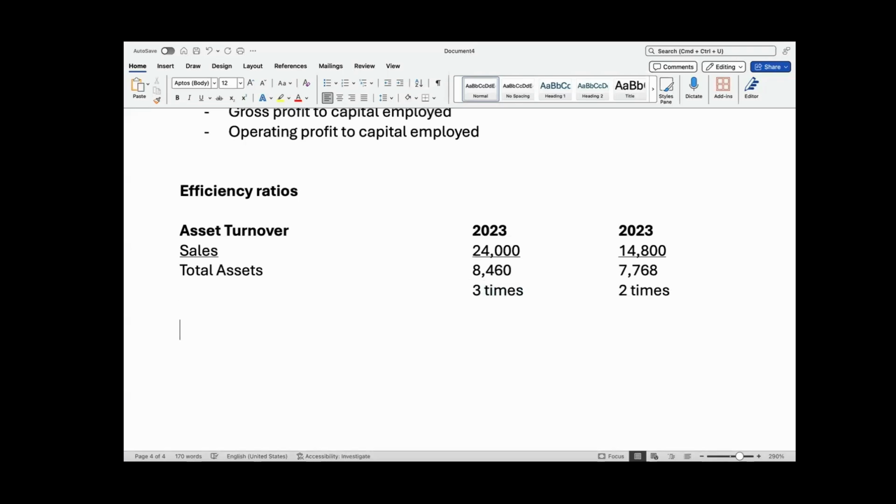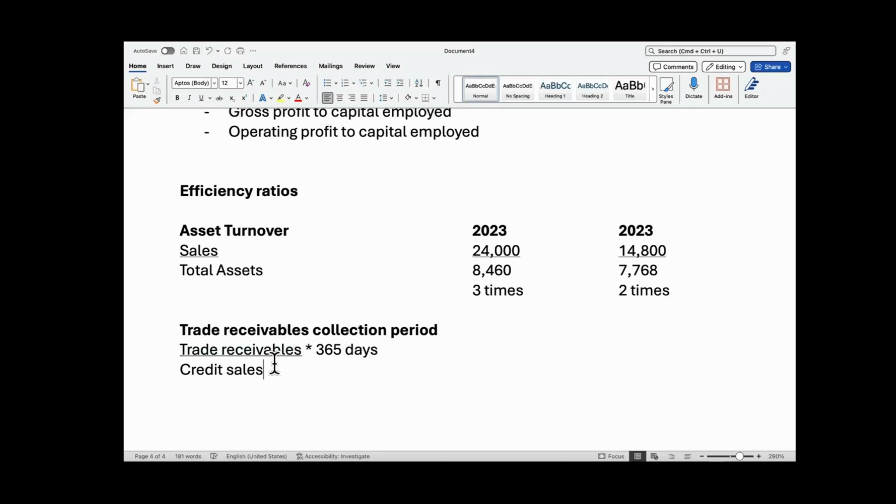Another ratio is trade receivables collection period. It's simply trade receivables multiplied by 365 days, divided by credit sales.